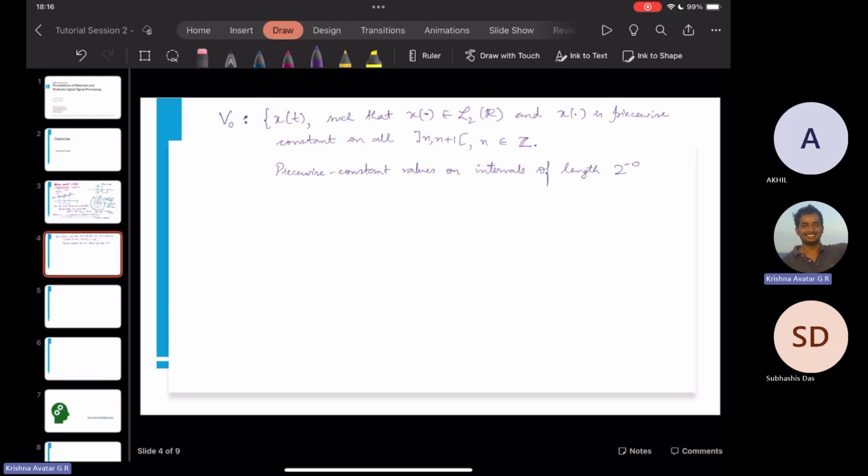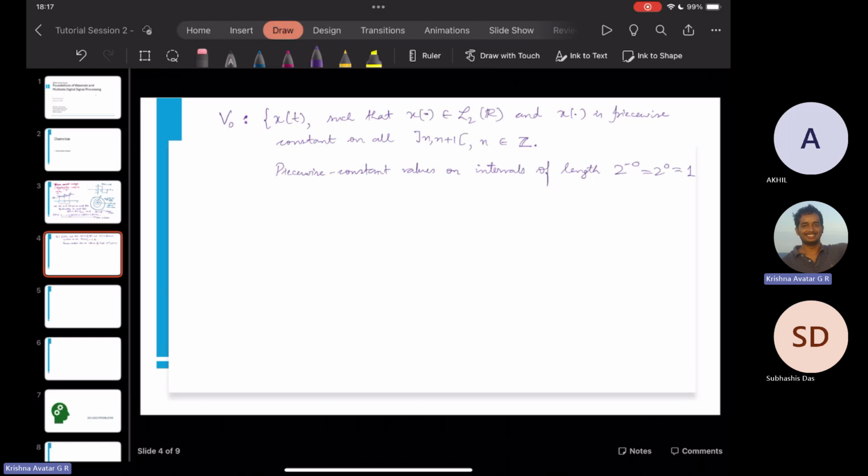You recall 2 to the power minus 0 is the same as 2 to the power 0, and any number to the power 0 is just 1. That's the reason we had constant values over an interval of unit length.